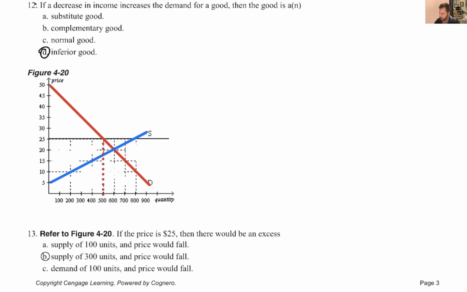And at this price, there will be 800 of the goods as quantity supplied. So the difference would be 300, because at a price of 25, companies would sell 800 units of that good, but the demand would not be so high because the price is so high.